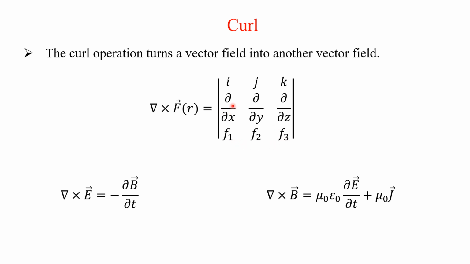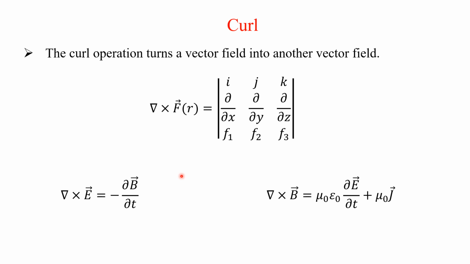Just now we have seen it's another form of differentiation, partial differentiation. If you expand this, you will naturally get the partial derivatives. So the curl of a vector turns into another vector.